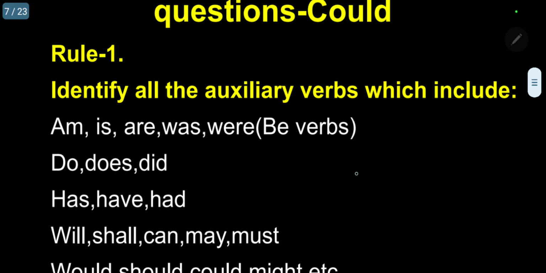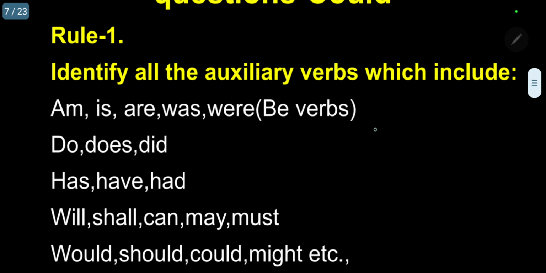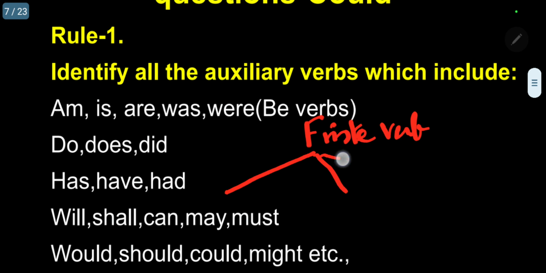Let me come back to rule 1 now. In rule 1, I can classify verbs. One is main, that is the finite verb and non-finite verb. The finite verb, that is முற்றுவினை, I can further classify interestingly into 4 types.